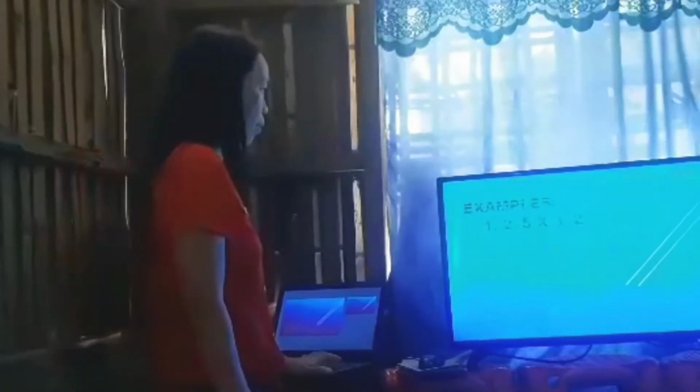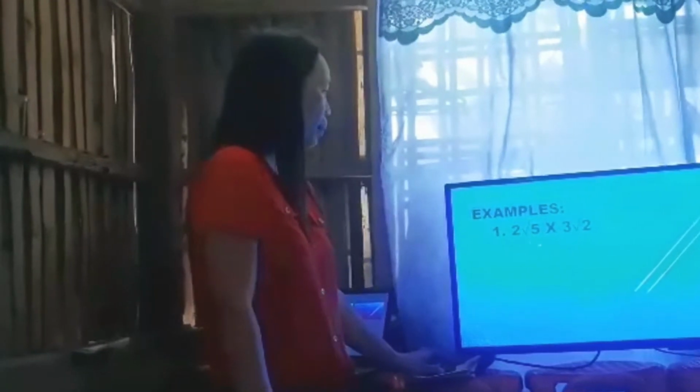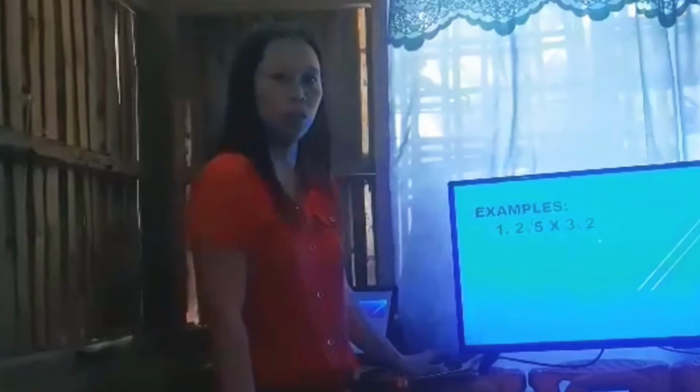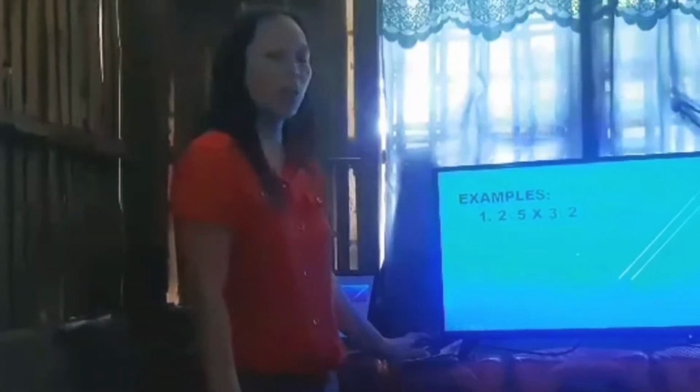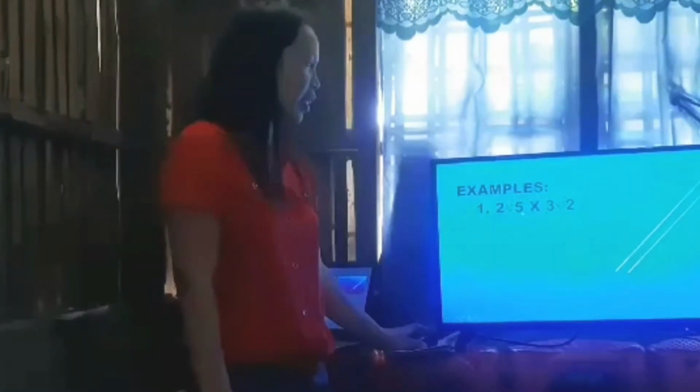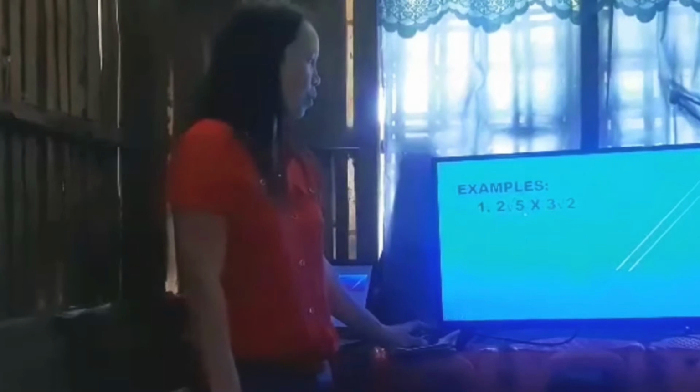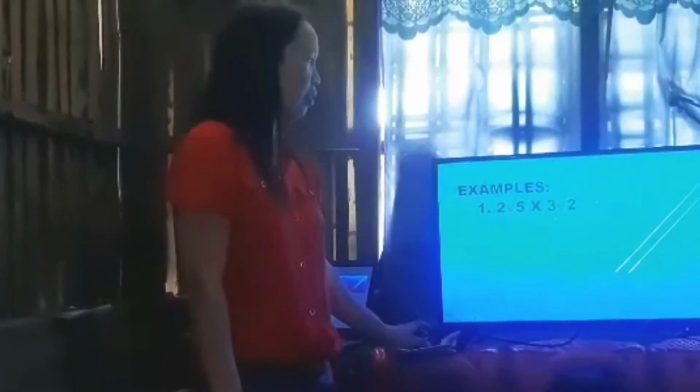Example: 2 square root of 5 times 3 square root of 2. Are the indexes the same or not? They are the same, so we are going to multiply directly. First, we multiply the coefficients, 2 and 3, and then also multiply the radicands, the square root of 5 and the square root of 2.